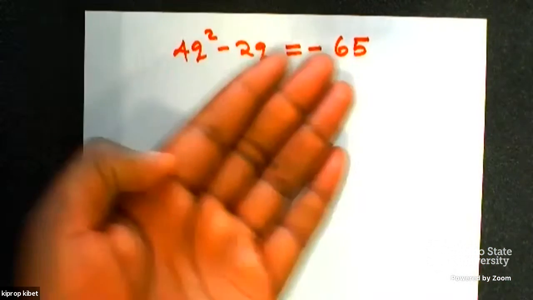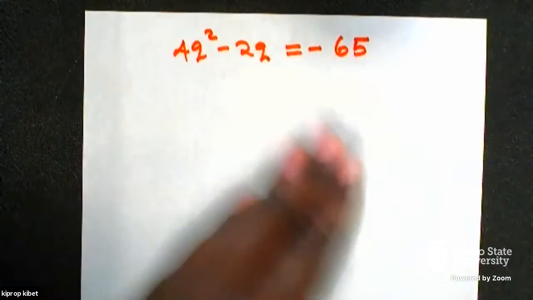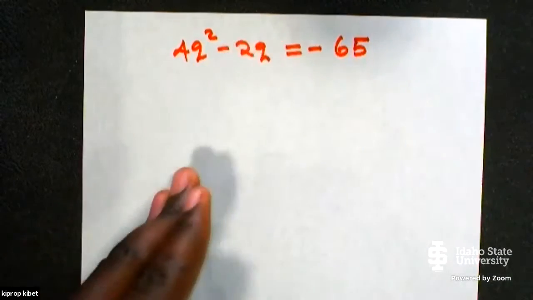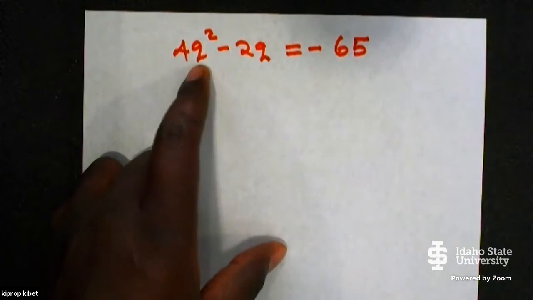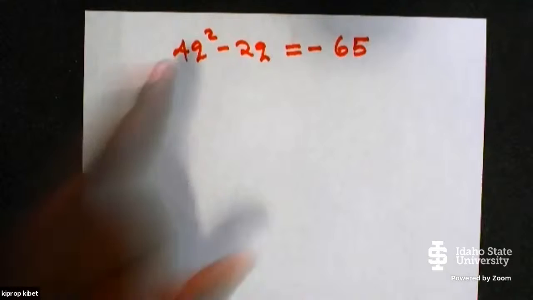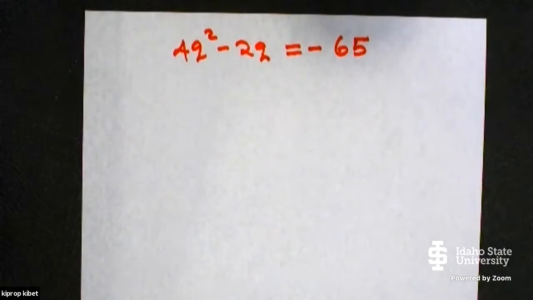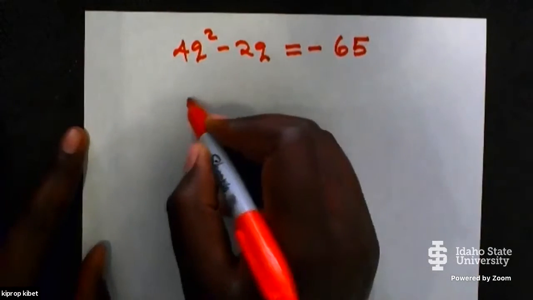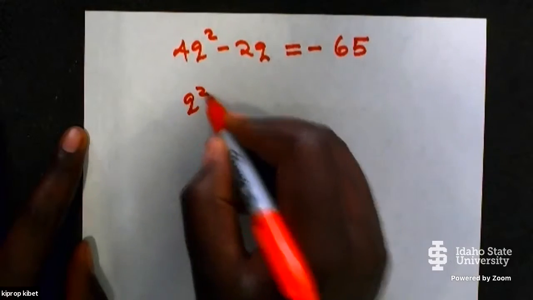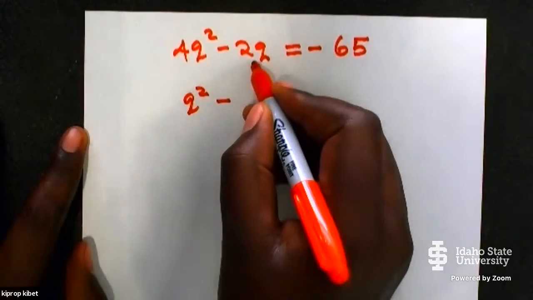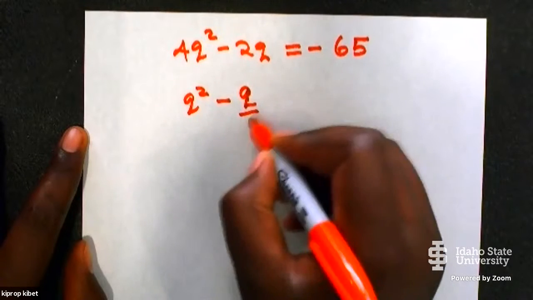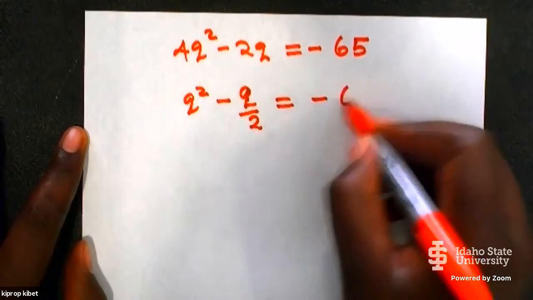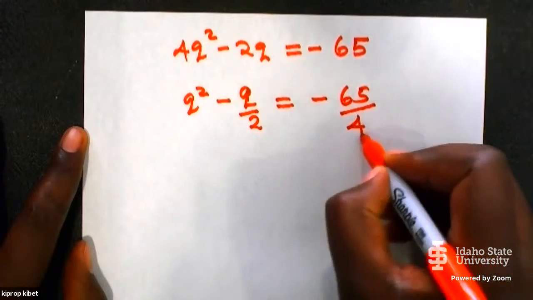So they have already taken the constant to the other side. So what do we do? First step is make the coefficient of q squared to be what? To be 1. So you divide everywhere by 4. So it will be q squared minus, when you divide this one by 4, you get 1 over 2 q equals minus 65 over 4.